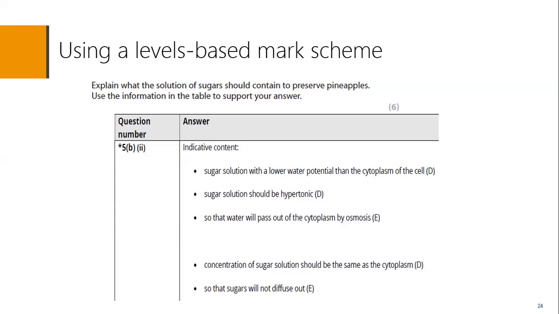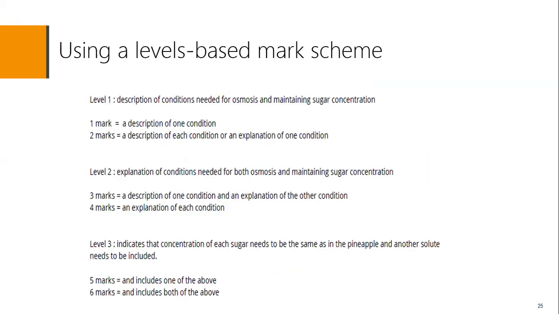On the paper, the mark will be starred, and it also is on the mark scheme. So this is an indication of the type of content that they might put in their answer. This is then divided or allocated to levels.